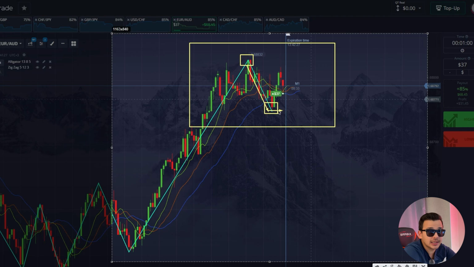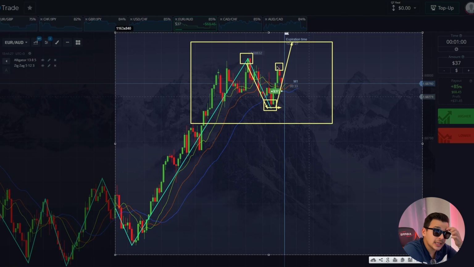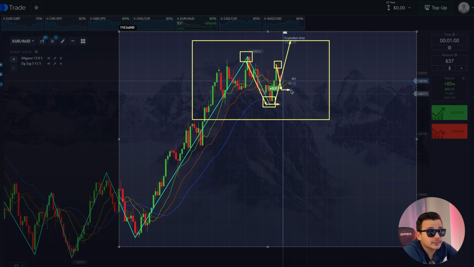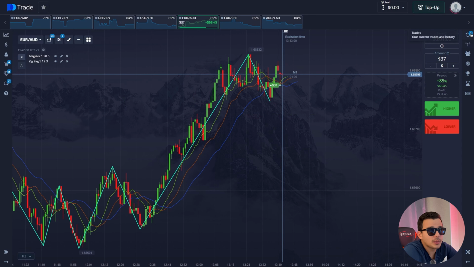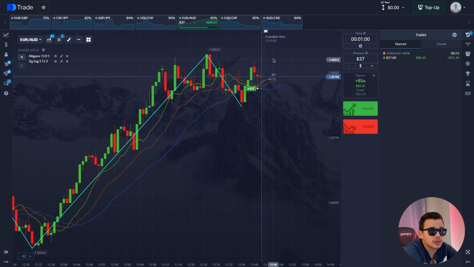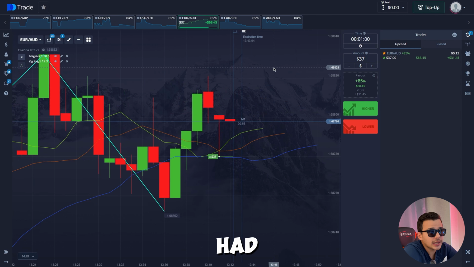Then the zigzag has not been updated yet. From this point, the movement went into a small pullback. Accordingly, we catch this pullback and open a trade further in the direction of the trend. Here we had a super reliable and super easy entry.